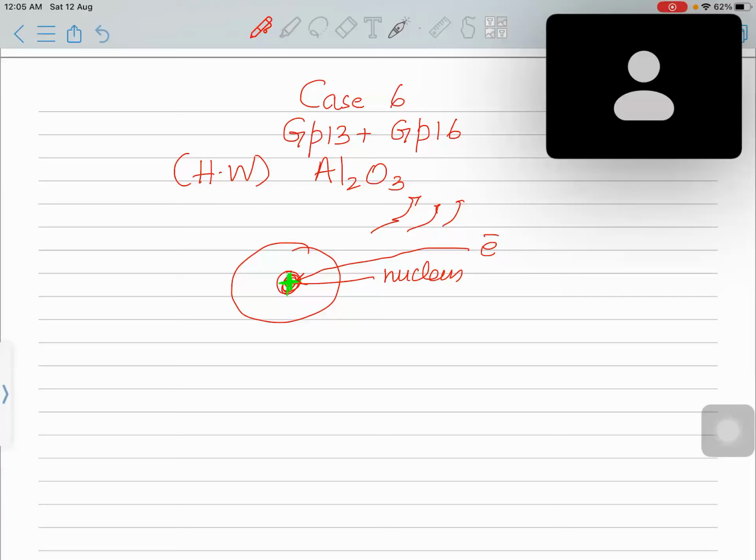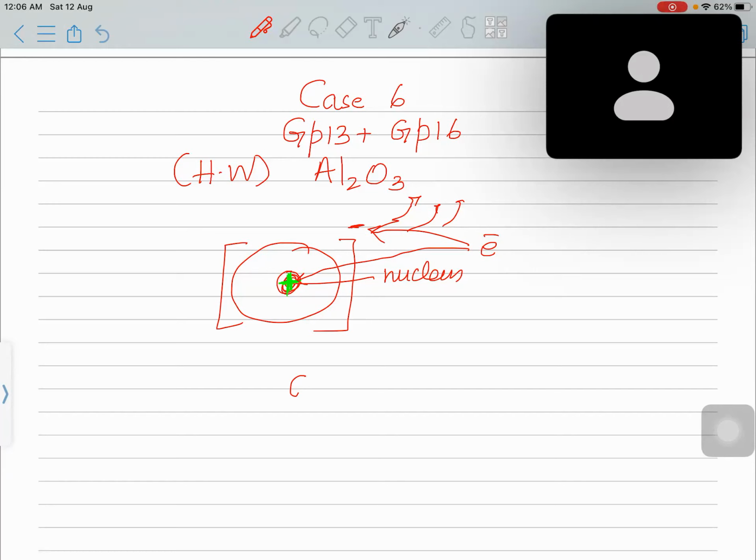You know that whenever we eat food, due to respiration, energy is released from our body. Similarly, whenever an atom attracts an electron, energy is released. Ayla, are you getting my point or not? Yes, sir. But after accepting this electron, it becomes negative. Now it is very difficult to accept another electron because of the repulsion between the negative electron and the negative atom.